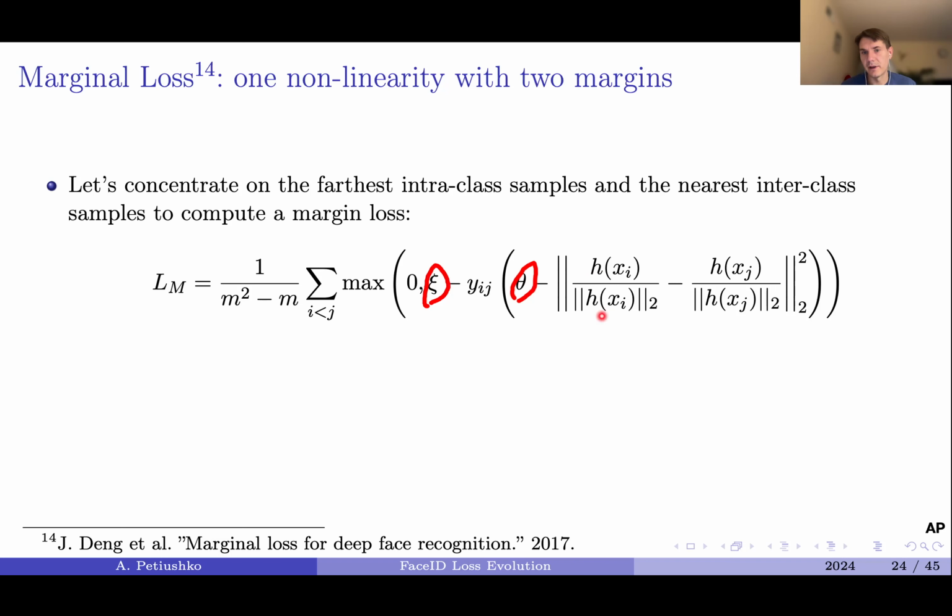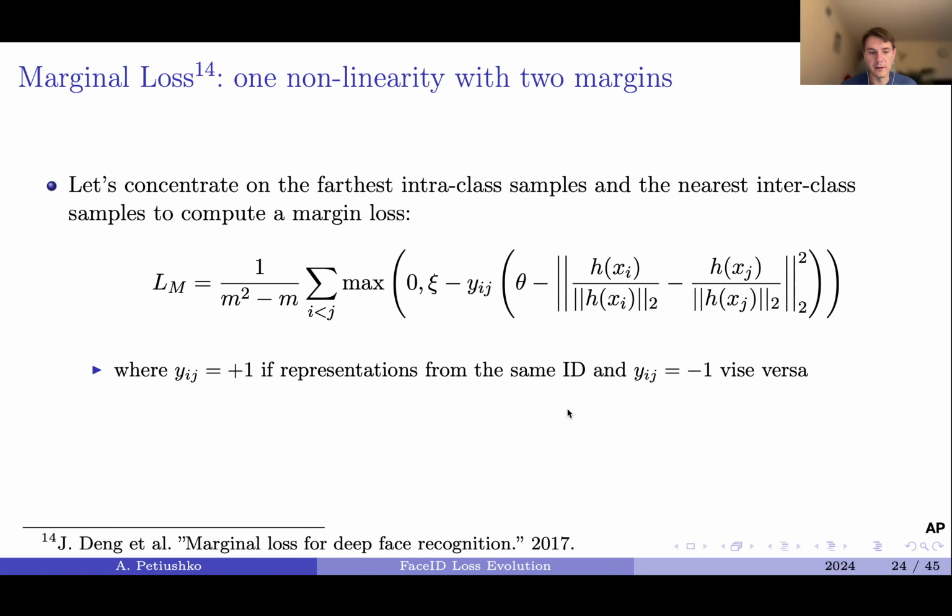Here, as you can see, we normalize the representations and take the square of the difference of them. And we would like it to be not bigger than theta, and also here the psi. Again, here the notation is a little bit different.